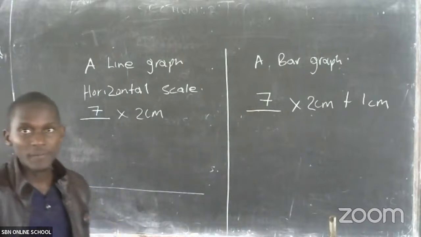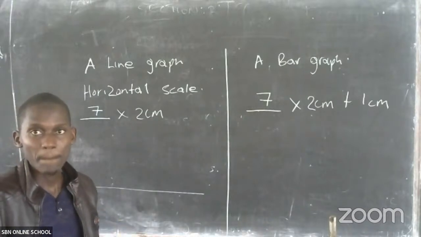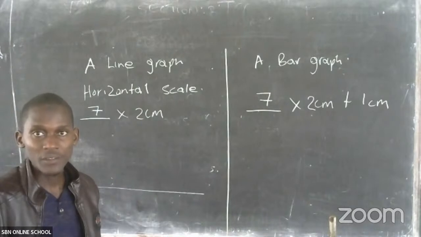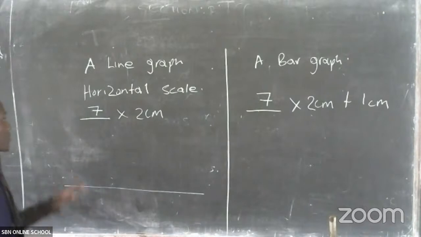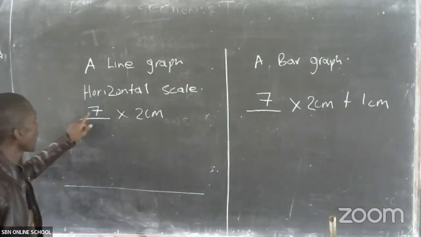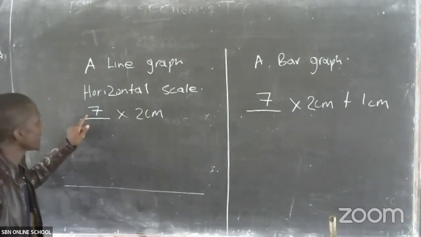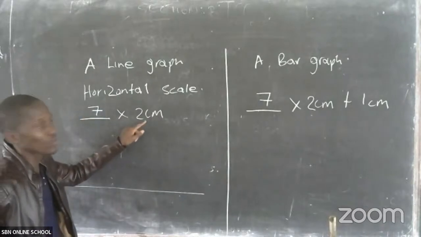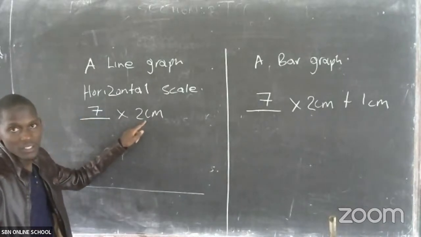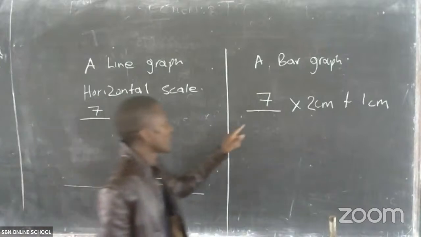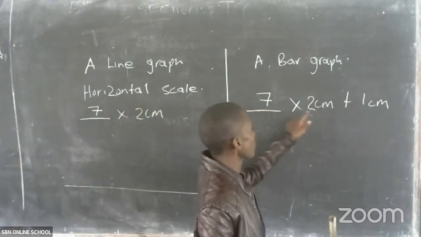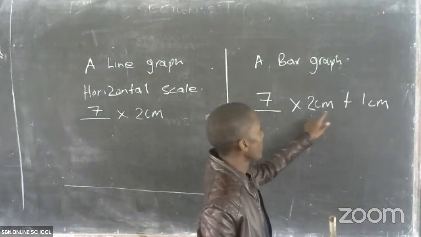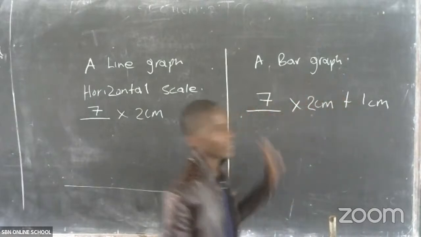Yes, Tracy? Okay. Here, what they are saying is that we have 7 years and each year is going to take 2 centimeters, then plus 1 extra.